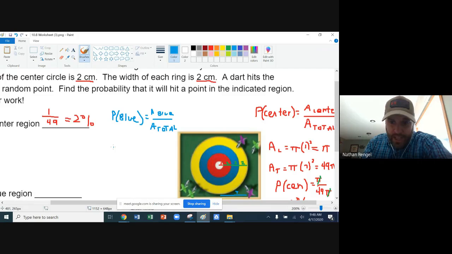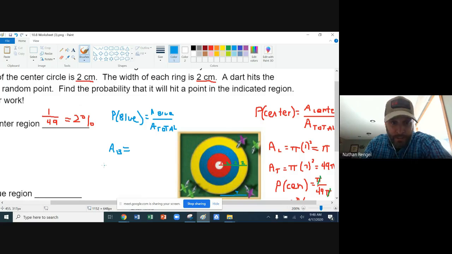Again, I have the area total, 49 pi. I'm just going to find the area of that blue region. The area of the blue is going to equal the area of the region with a radius of 5, minus the area of the red and white region, which has a radius of 3.